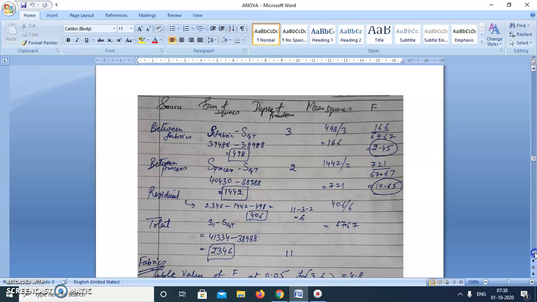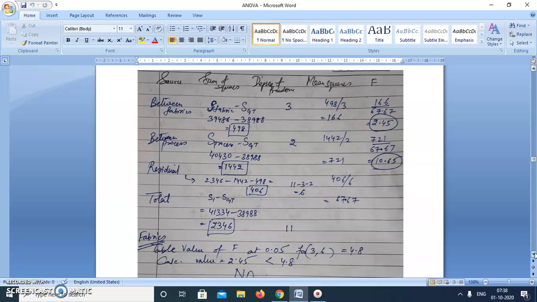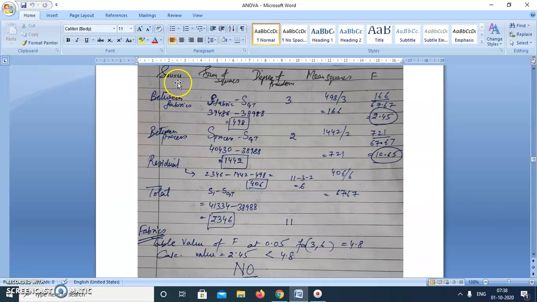Now in this ANOVA table, this is source, that is between fabrics and between process, and this is the residual error, and this is total. First always calculate total by subtracting S grand total from S1. This value will always be the highest, which is the total value.